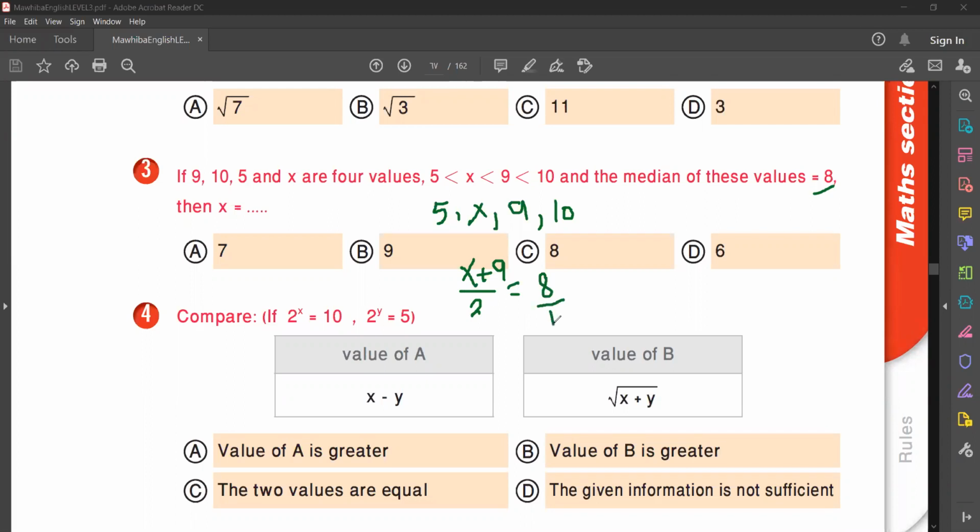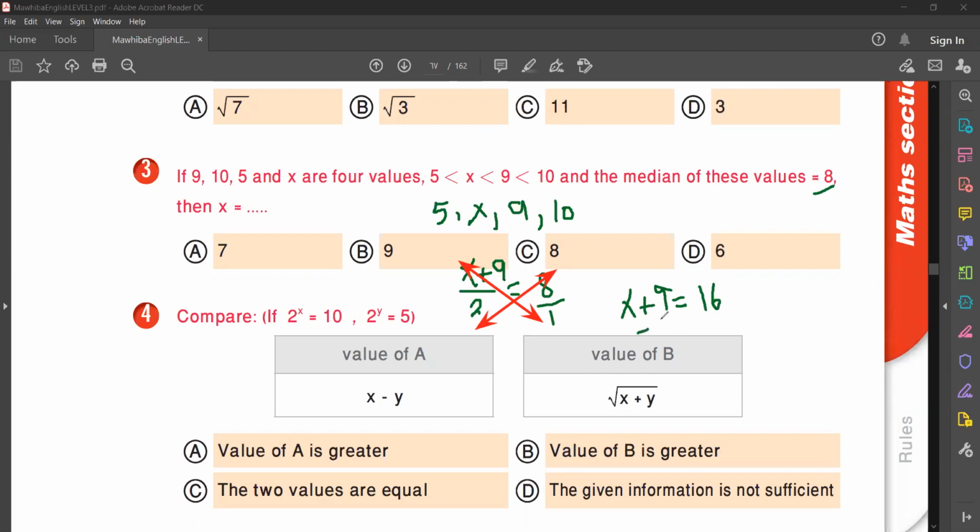Now how do I find x? The denominator is 1, then you cross multiply to find x. So x plus 9 times 1 is x plus 9, equals 2 times 8, which is 16, right?